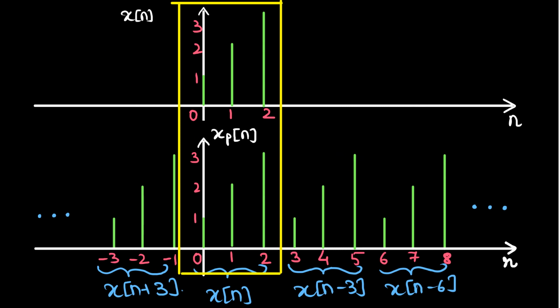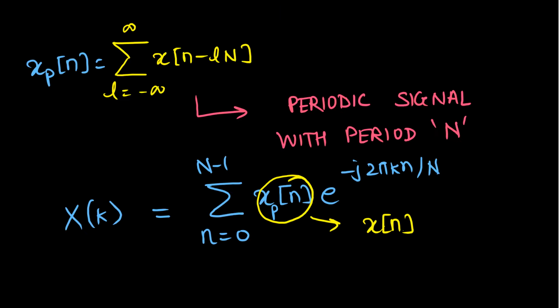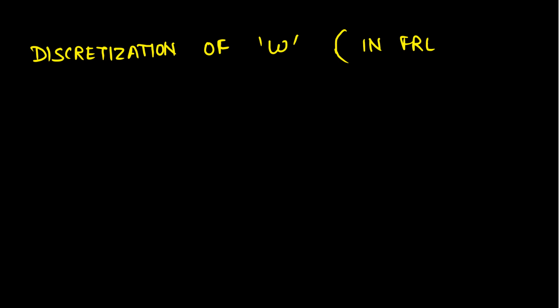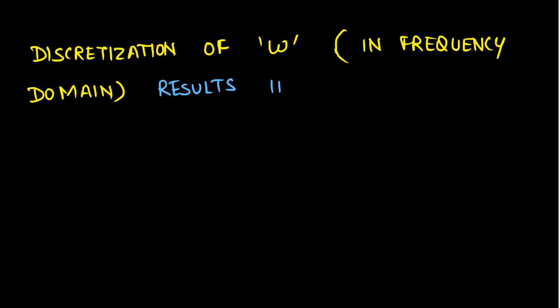So this discretization in the frequency domain is resulting in an inherent periodicity in the time domain, which is periodic with period N. So one more important thing that we need to note here is discretization of omega, that is, discretization in frequency domain, results in inherent periodicity in time domain.